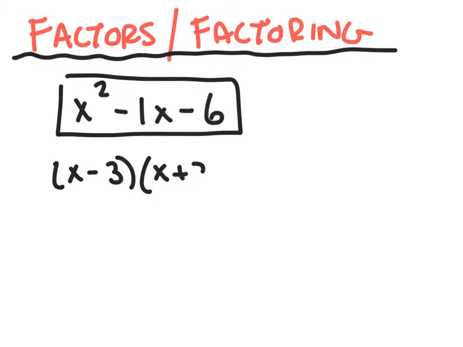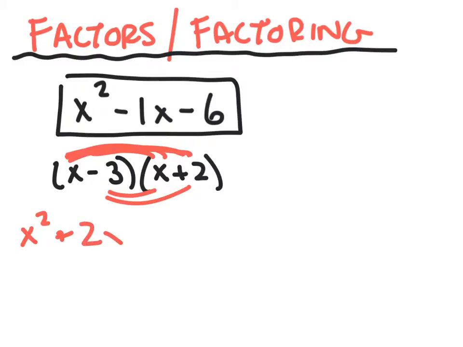So let's show you. A binomial like this, you follow a distribution pattern that basically has each item multiplied once. So you'd get x squared, and then as you multiply that, you'd get 2x. And as you do this, you'd get minus 3x. And as you do this, you'd get -6.